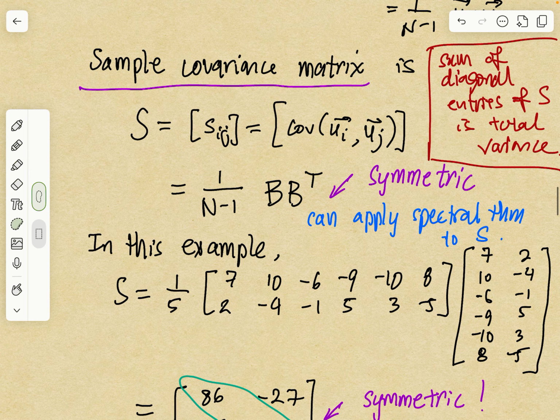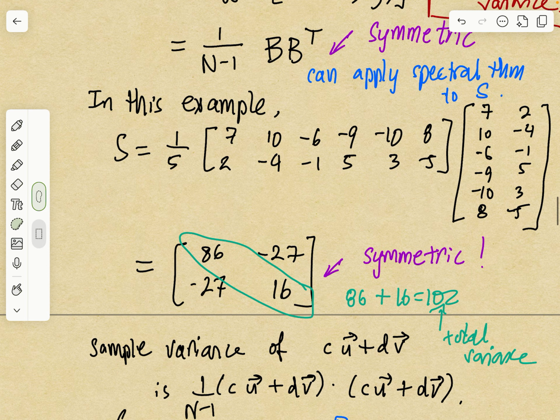You take this sample covariance matrix, 1 over n minus 1 BB transpose. That's a matrix where the diagonal entries tell you the variance of each quantity, and in general, the ij entry tells you the covariance of quantities i and j.